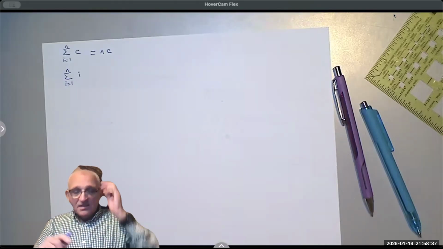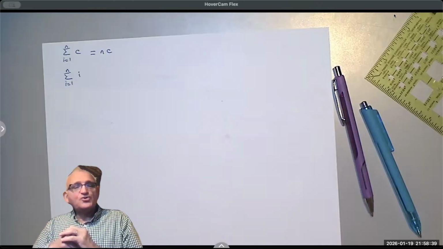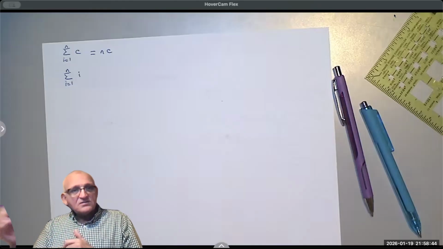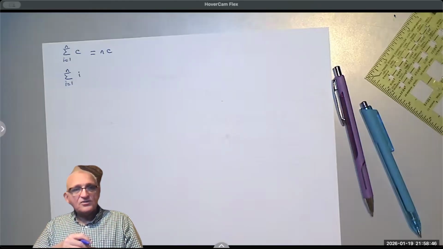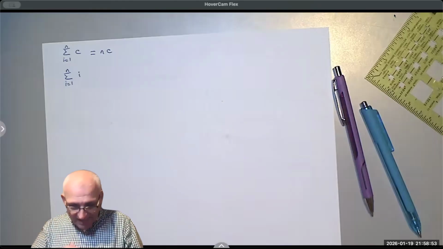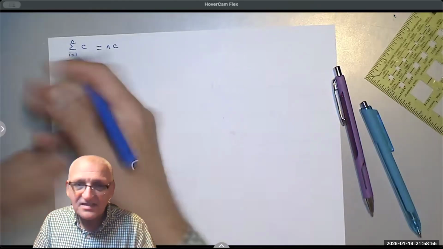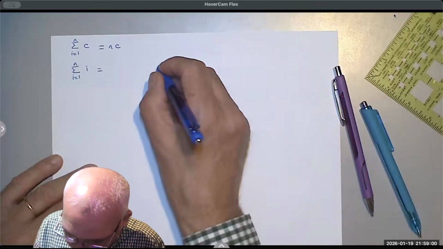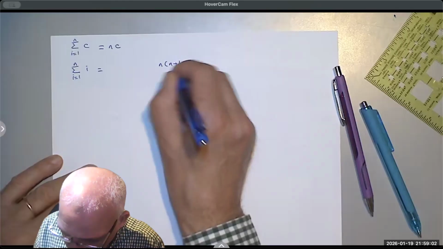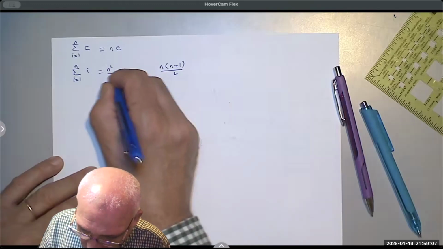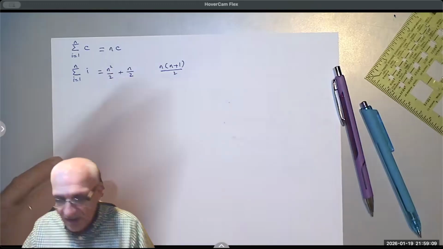Meaning 1 plus 2 plus 3 up to n. In an arithmetic sequence, you can find its series by saying the last term, which is n, times n plus 1 divided by 2. In the test, they give you these equations, but I will show you how you can find them easily. N times n plus 1 over 2, but I'm going to write it as n squared over 2 plus n over 2, and you will see why later.